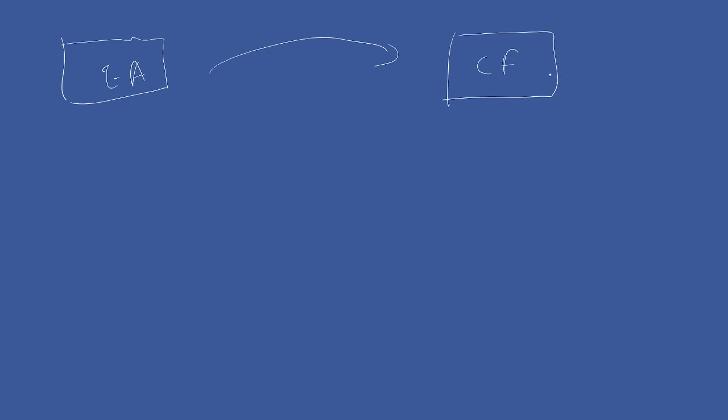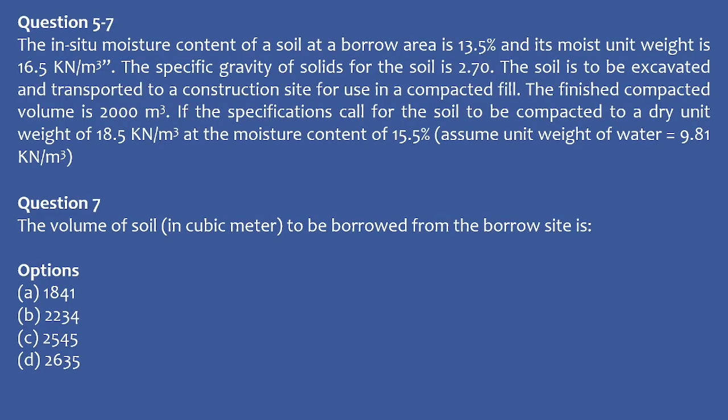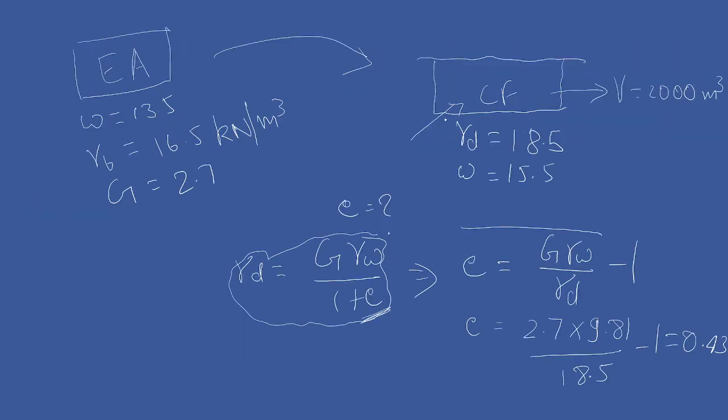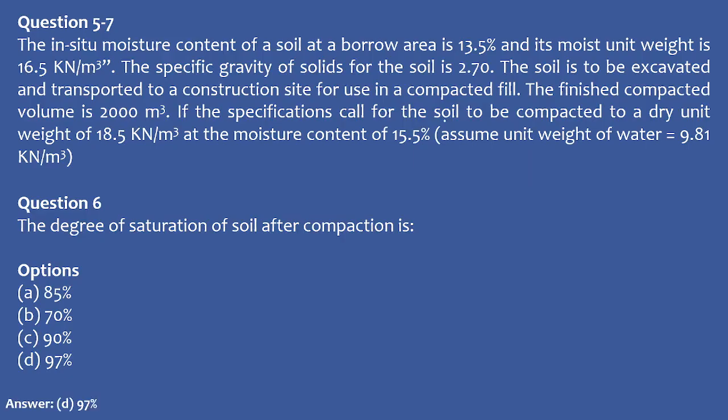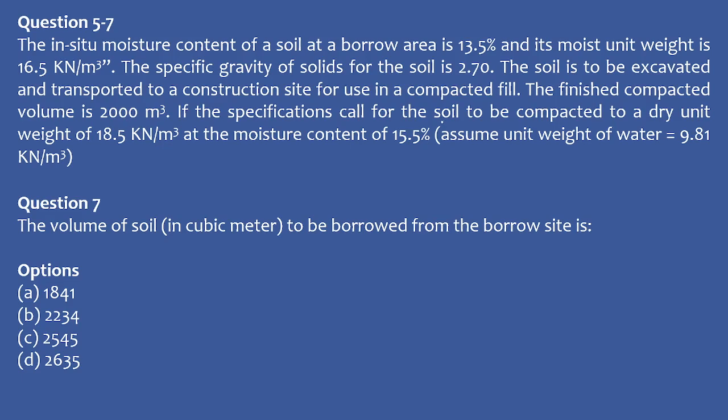The volume of this soil is given as 2000 meter cube, and we need to determine what volume should be carried. Gamma d and w are 18.5 and 15.5.